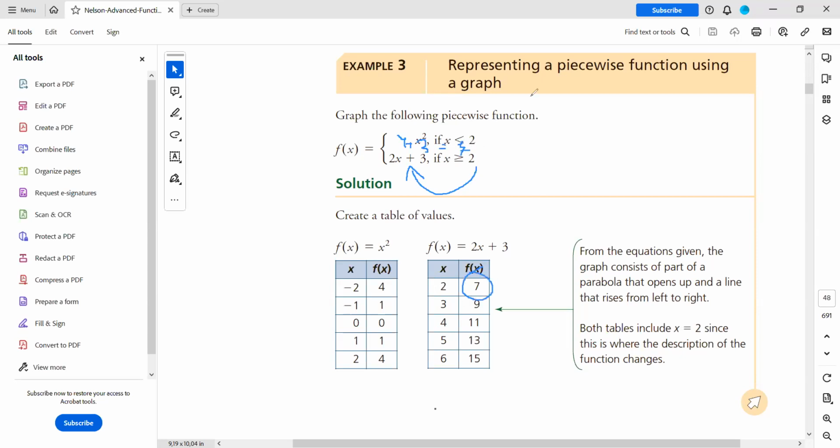Then 2 times 3 plus 3 is 9, 2 times 4 plus 3 is 11, 2 times 5 plus 3 is 13, and 2 times 6 plus 3 is 15.